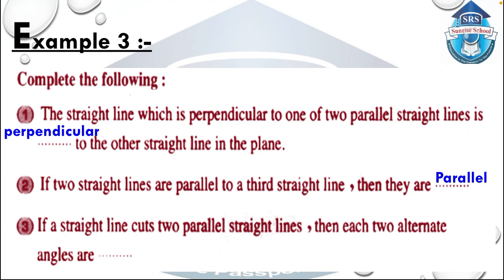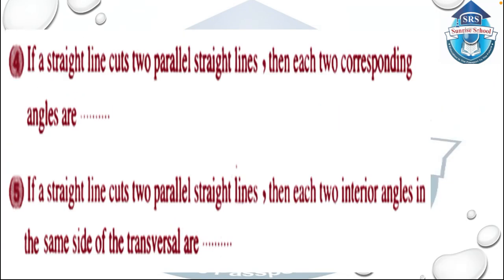If a straight line cuts two parallel straight lines, then each two alternate angles are equal in measure. If a straight line cuts two parallel straight lines, then each two corresponding angles will be equal in measure. If a straight line cuts two parallel straight lines, then each two interior angles on the same side of the transversal are supplementary.